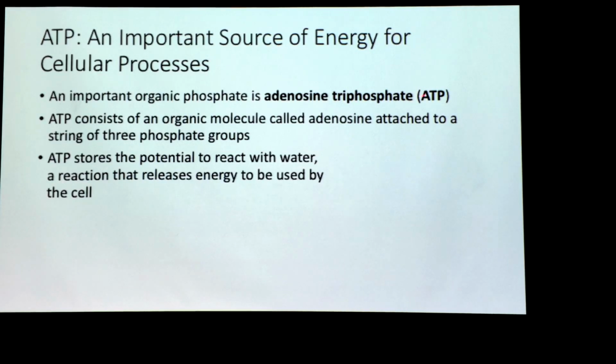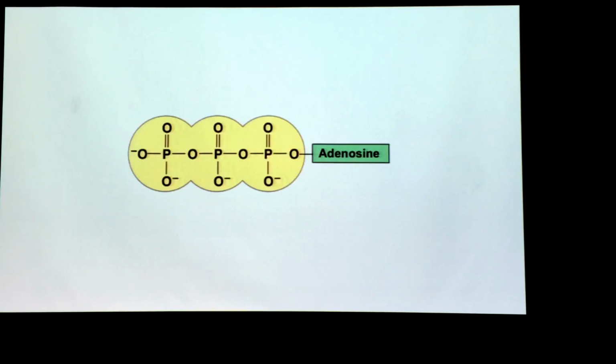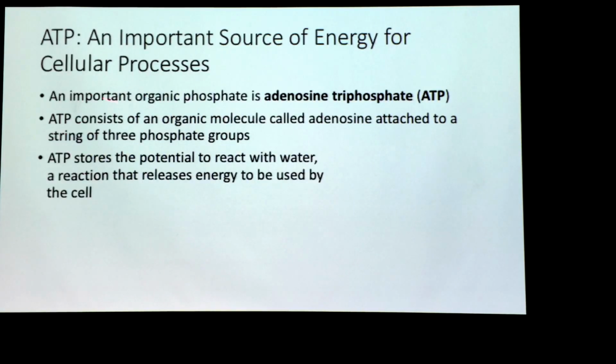And the triphosphate stands for having 3 functional groups attached to each other, with the last one attached to adenosine. Phosphate, phosphate, phosphate. We bring up this particular molecule because it's an important high energy yielding molecule, and this will come up again and again in the second unit when we start talking about energy.